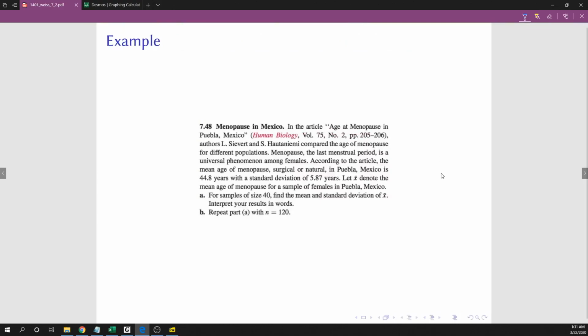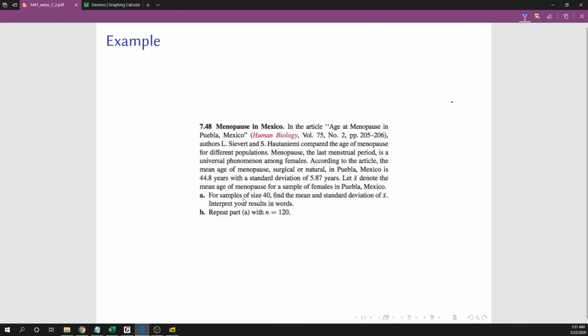Next problem is 7.48. In the article Age at Menopause in Puebla, Mexico, the authors compared the age of menopause for different populations. Menopause, the last menstrual period, is a universal phenomenon among females. According to the article, the mean age of menopause, surgical or natural, in Puebla, Mexico is 44.8 years, with a standard deviation of 5.87 years.